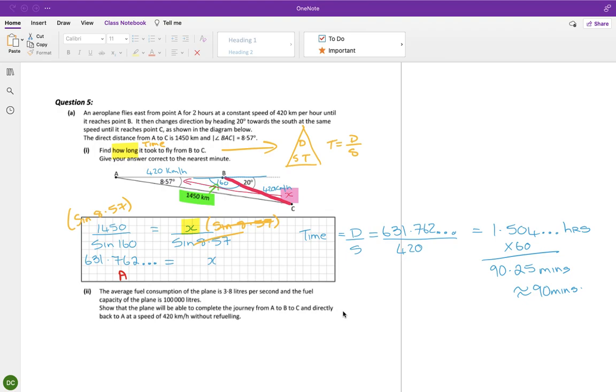So from A to B is 2 hours. From B to C is 90 minutes. Do we know A to C? No, but we can figure it out. Sorry, not A to C, C to A. So C to A is 1450 at a speed of 420. So that's giving me 3.45 hours.